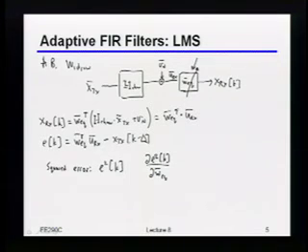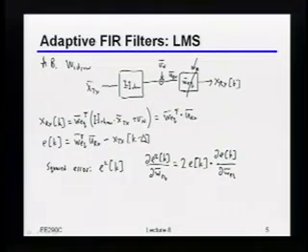I've done it this way because it turns out there's a very nice, simple notation for that, which is, in general, if you take the derivative of some function of, let's say, some x squared with respect to some variable, then the answer is just going to be 2 times that variable times the derivative of that variable with respect to whatever other variable you were taking the derivative with respect to.